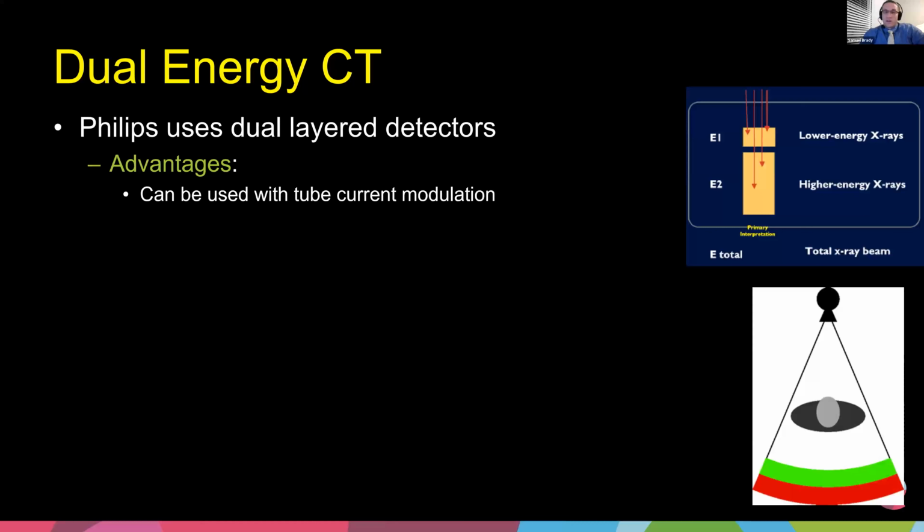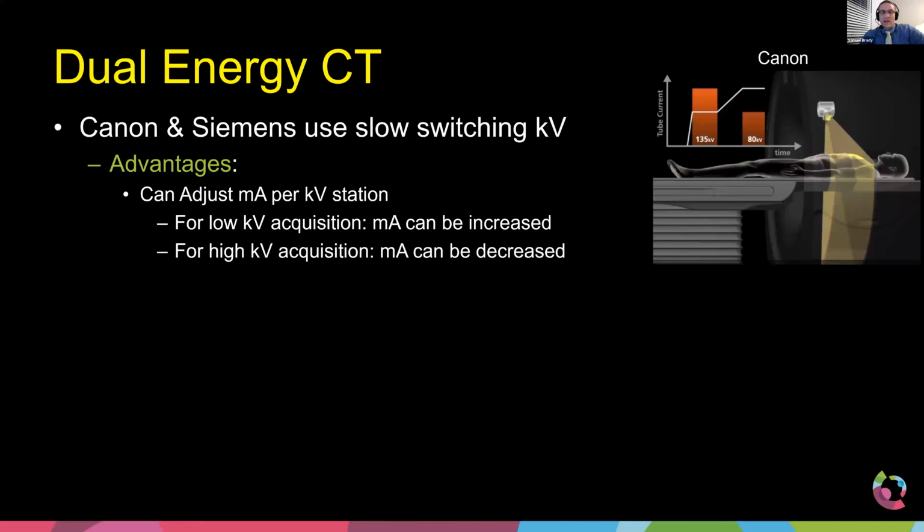All right, so one of the advantages of the dual layer is the fact that you can once again acquire the images like you would normally in a single energy. So you have tube current modulation. And then the advantages for the slow switching are that as it spins around, obviously you can change and modulate the MA very easily. So you have tube current modulation in that respect. And you can get the right MA for the right KV.